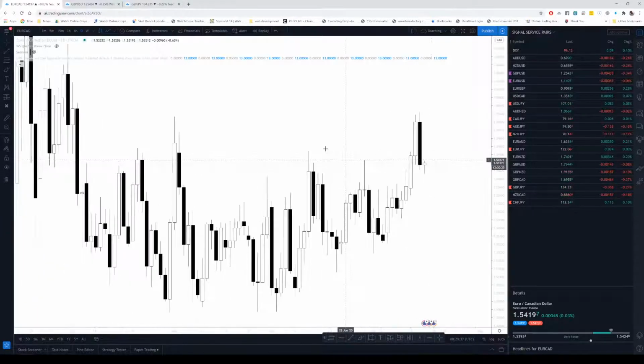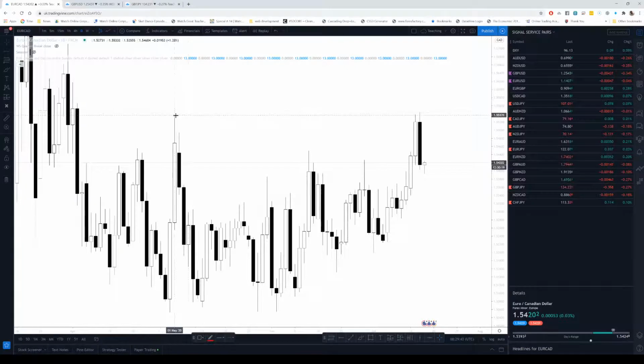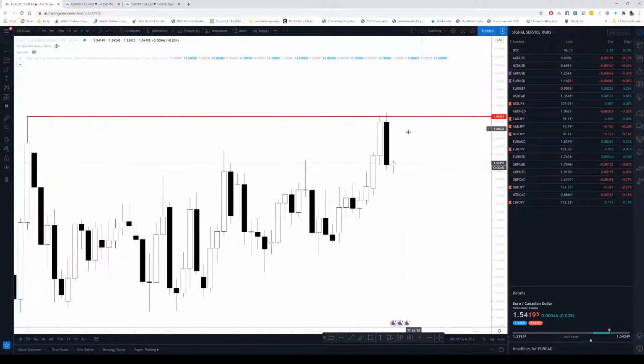Looking at the daily, this looks like a decent rejection on the seller's part, and that's the kind of rejection I like. And on the 4-hour, this is on the daily, so potentially we could see another push to the downside.